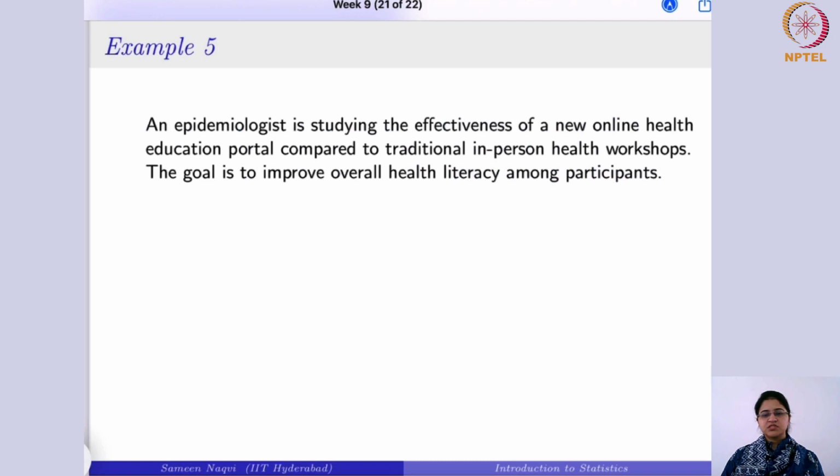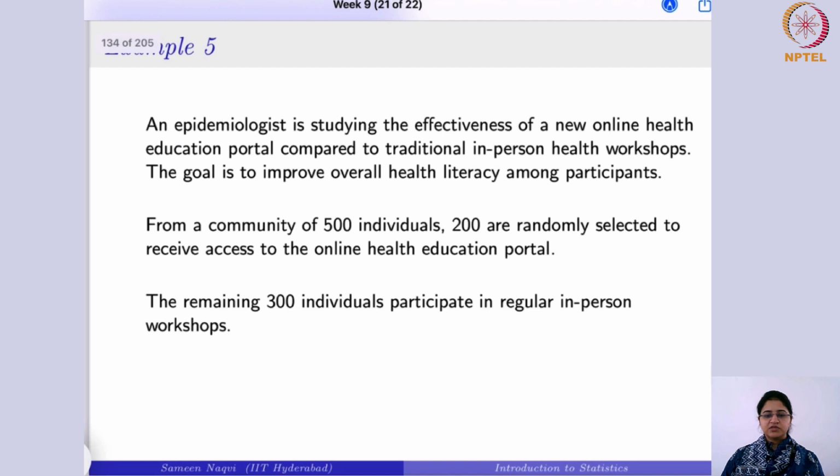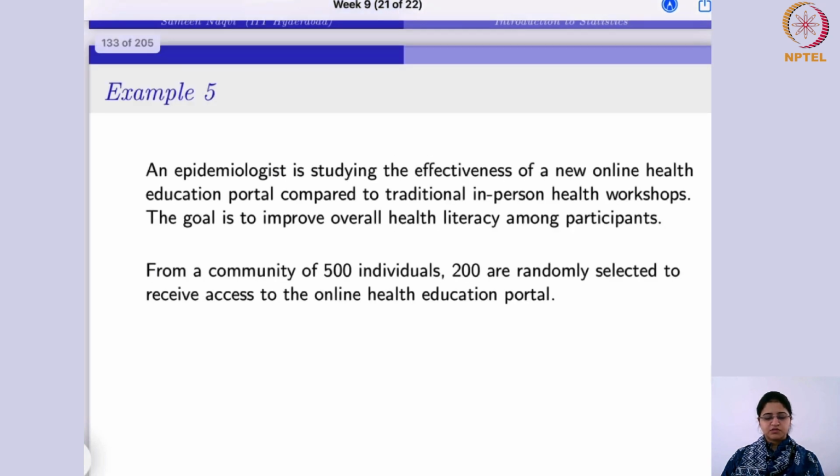An epidemiologist is studying the effectiveness of a new online health education portal compared to a traditional in-person health workshop. So he's comparing the online health education versus the in-person health workshop, that is the traditional method. From a community of 500 individuals, 200 are randomly selected to receive access to the online health education portal, and the remaining 300 individuals participate in regular in-person workshops.